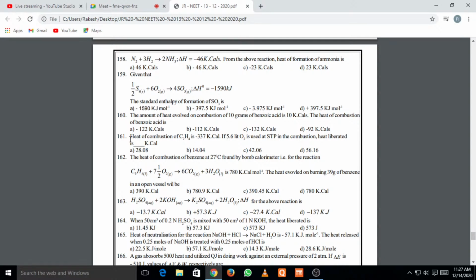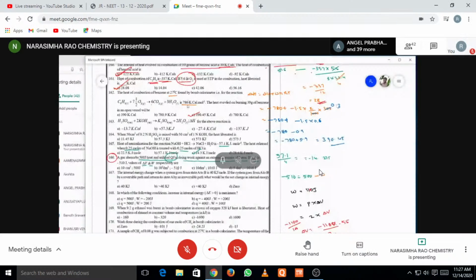By using this one, children, how many moles? 3 moles. 3 moles means at STP, 3 into 22.4 liters gives this much value, 337. 5.6 liters is given. So I'm solving. That is for the given reaction also.